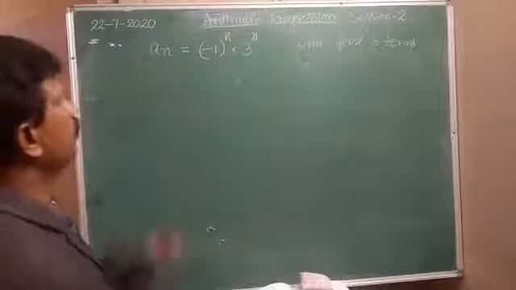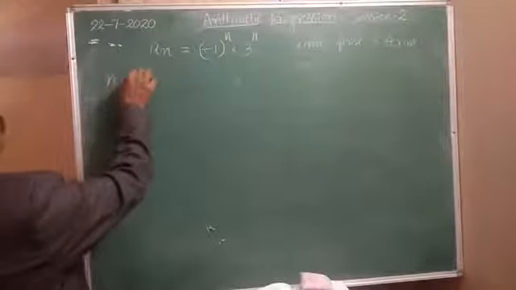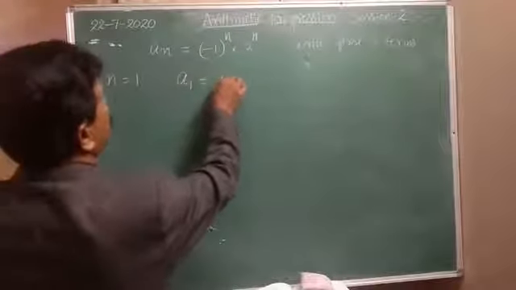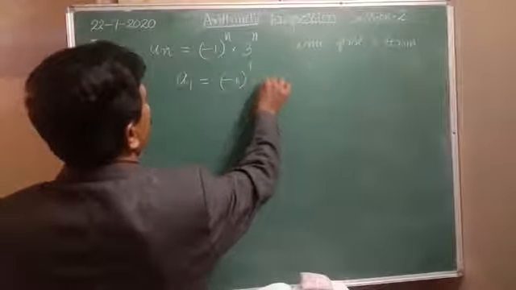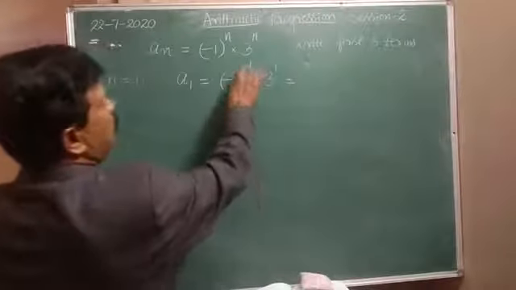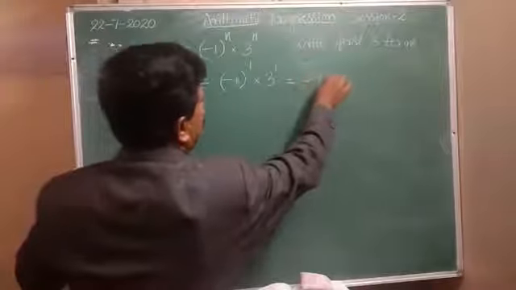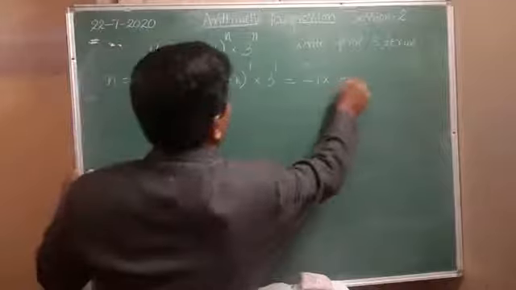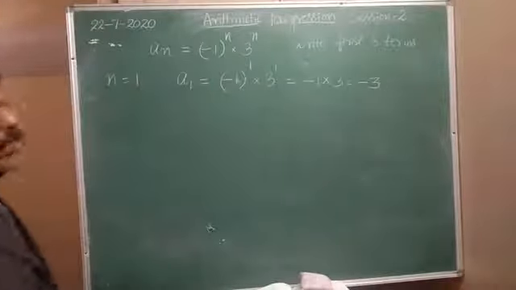Now here, for the first term, n is equal to 1. Then a1 equals (minus 1) to the power of 1 into 3 to the power of 1. Minus 1 to the power of 1 means only minus 1 you should write, into 3 to the power of 1 means only 3 you should write. Then this is minus 3. This is the first term.